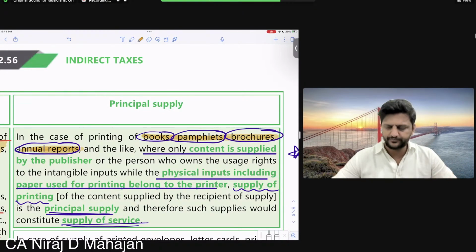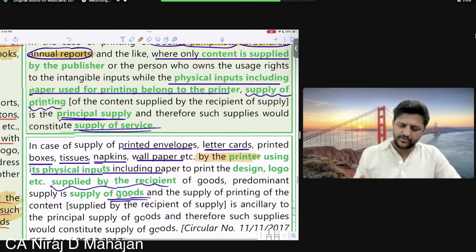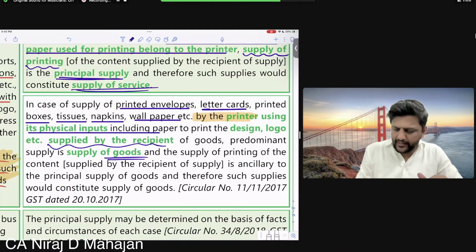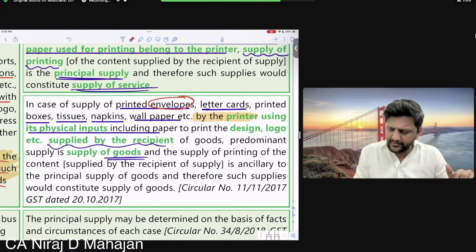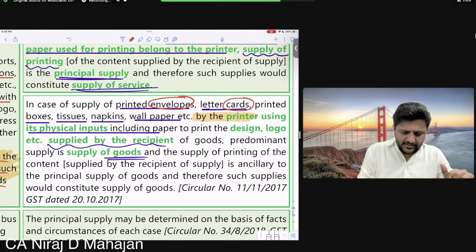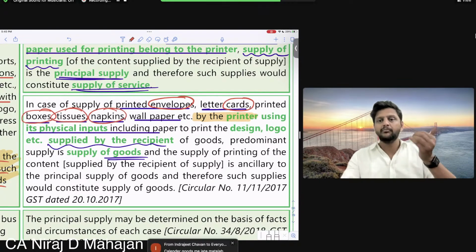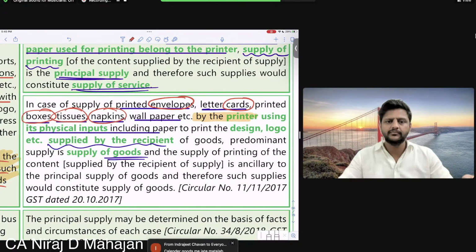The other parts are envelopes. Look at envelopes. Letter cards, that is your business letterhead, let us say. Boxes, tissues, napkins, t-shirts, mugs, frame. Correct?